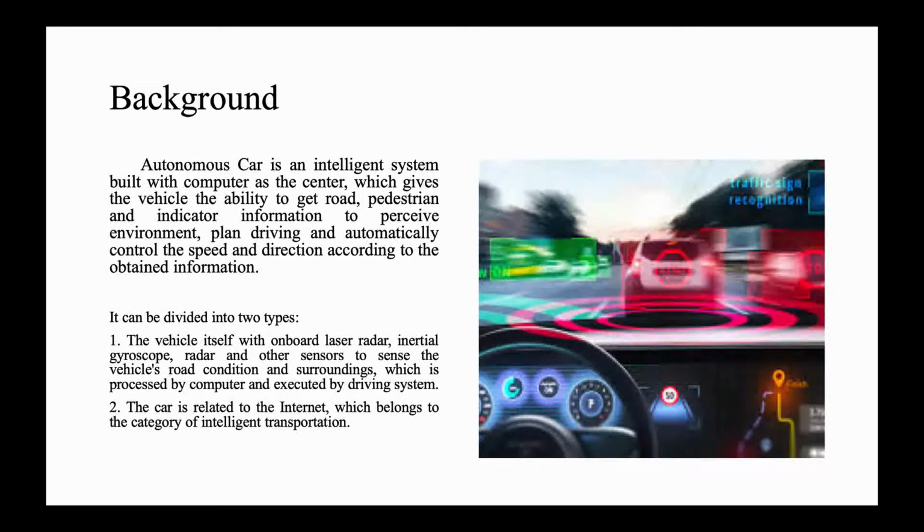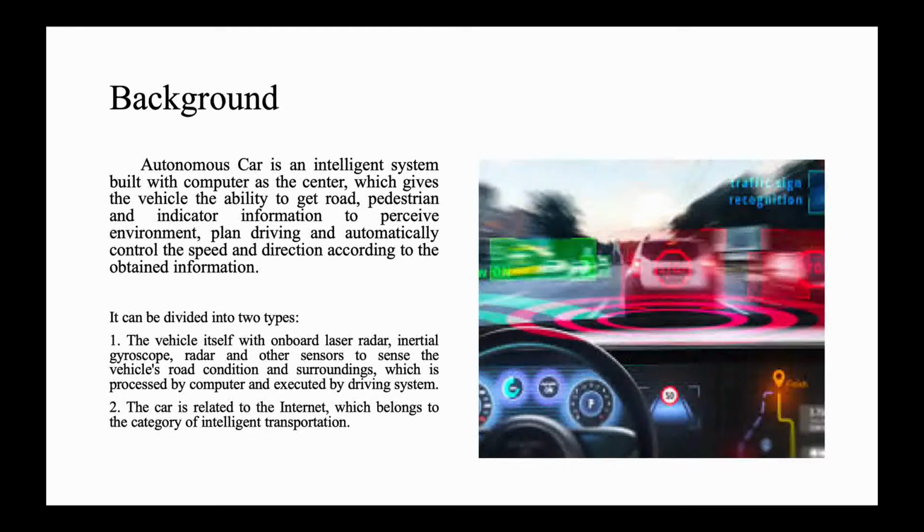All the controls and instructions are given by this computer. Driverless cars use their own hardware to sense the road condition and then control the vehicle to react after calculation. The ultimate goal of driverless car is to realize real driverless driving.